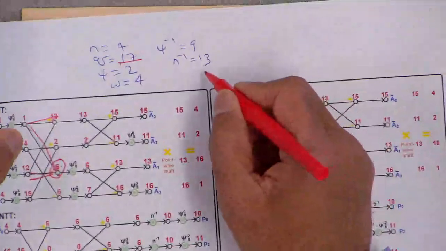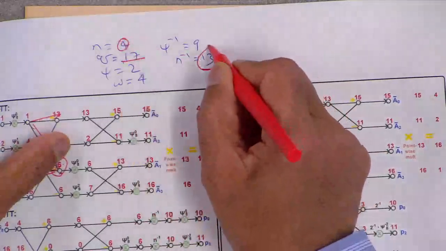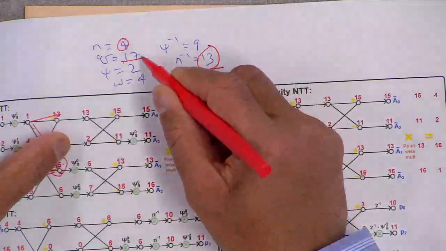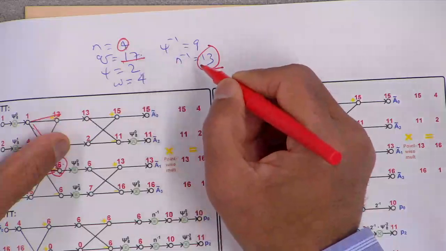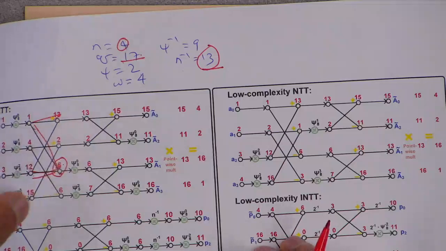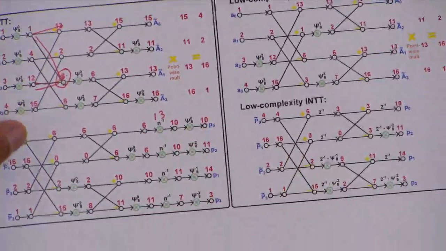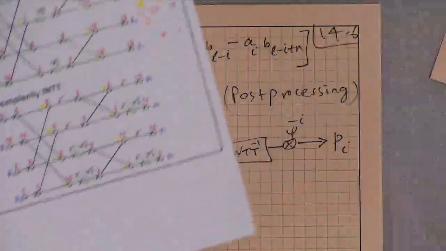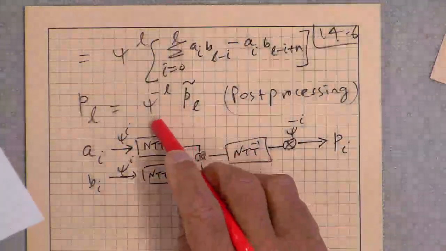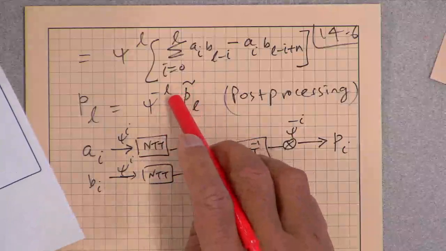N inverse is 13 in this example, n is 4, 4 times 13 is 52, divide by 17, 17 times 3 is 51, remainder 1. So n times n inverse is 1 modulo 17, so multiply by n inverse, so these are multiplied by 13, and then the final post-processing step, multiply by psi to the power minus i.